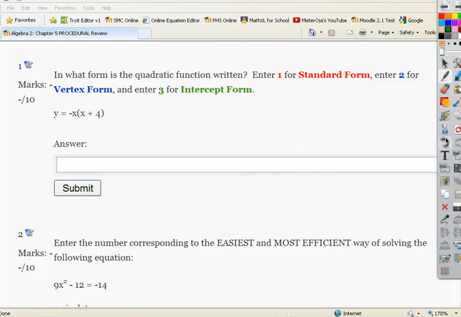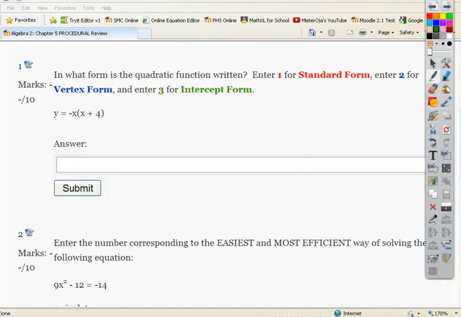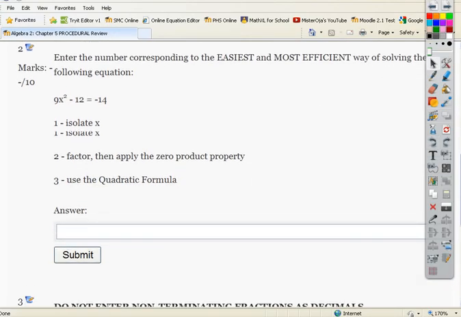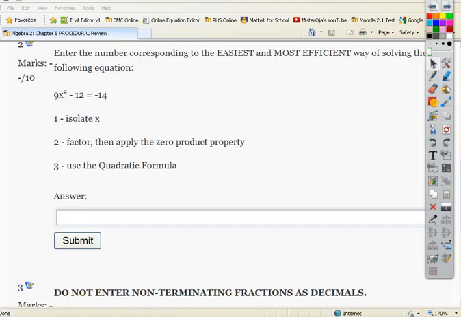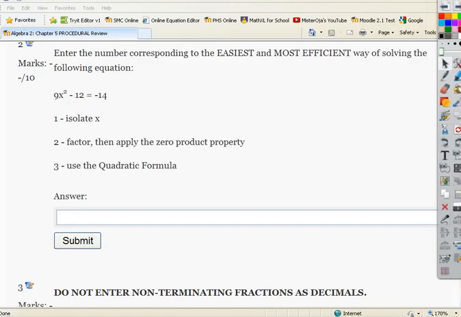Now, we've obviously figured this out by now, but the procedural test and study guide review assignment is all about just knowing what to do. I don't care what the answer is, just what do we do here. Enter the number corresponding to the easiest and most efficient way of solving the following equation.